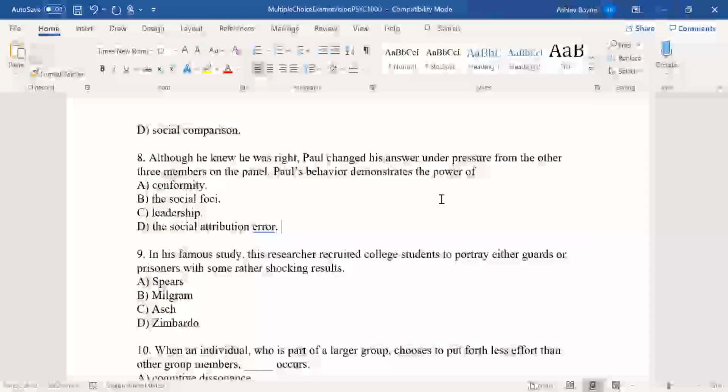All right, so for number 9, in his famous study, this researcher recruited college students to portray either guards or prisoners with some rather shocking results. So A, Spears, B, Milgram, C, Asch, or D, Zimbardo.